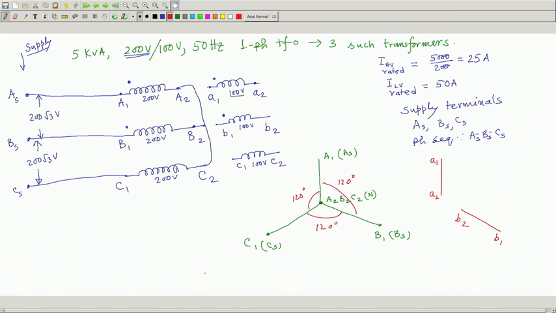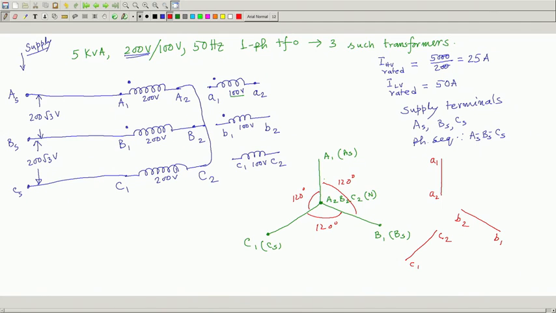Since I have not connected any of these, they are allowed to stand alone. Therefore, there will be a voltage parallel to B1 B2. Similarly, there will be another voltage available parallel to this C phase voltage, which will be C1 C2. The secondary coils I have not connected.